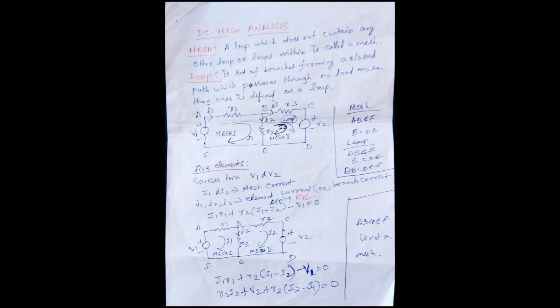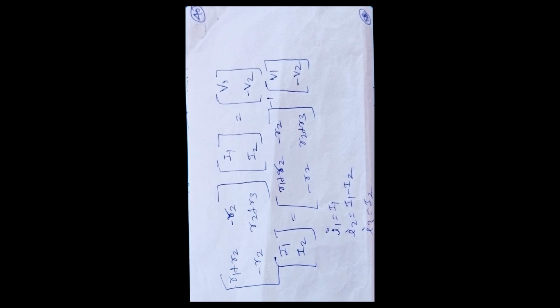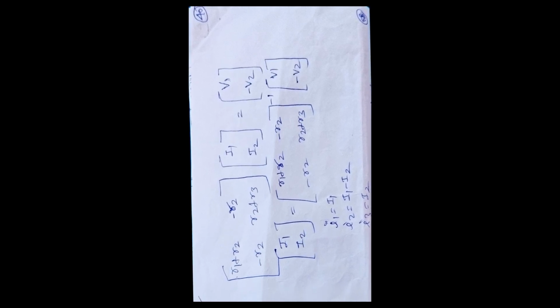Finally we obtain the matrix format: [R1 plus R2, minus R2; minus R2, R2 plus R3]. The first parameter is obtained from mesh 1, which contains R1 and R2, so put R1 plus R2.